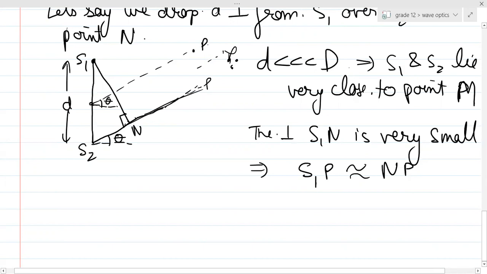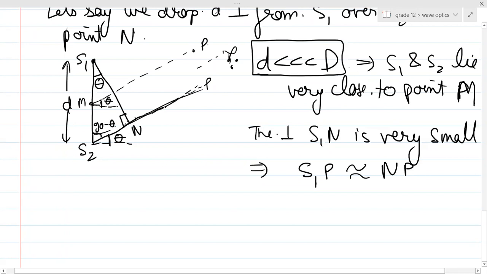Is the assumption clear, guys? Since we have assumed this thing, it will look like a very small triangle. For that small triangle, this point P will be far away. So if it is far away, then it will look like parallel lines are going, right? So if you have assumed this angle which was coming from M as theta, then this angle will also be theta. If this angle is theta, this is 90 minus theta, and this is 90 minus theta, so this is theta.